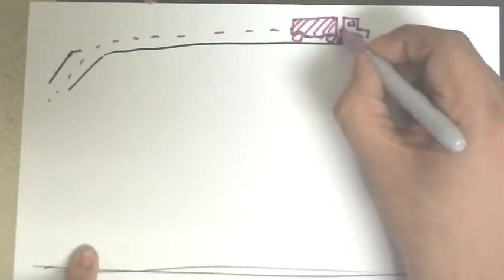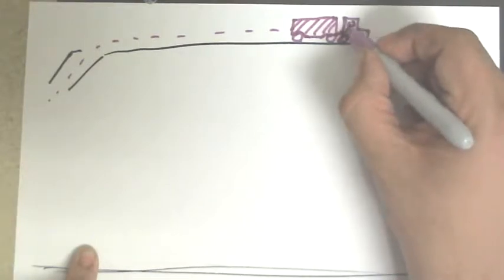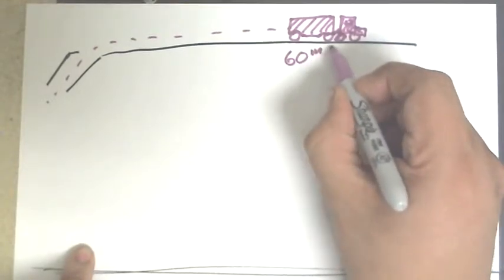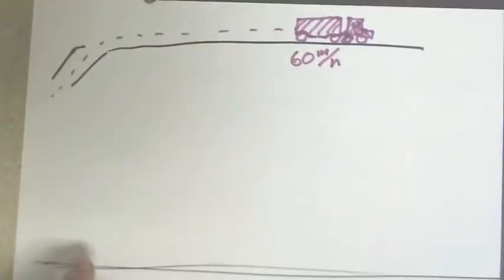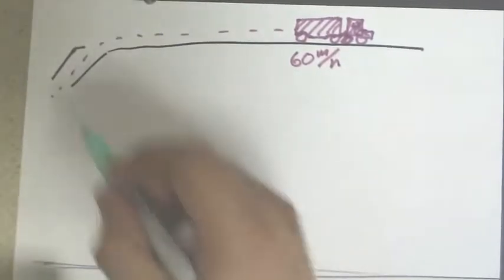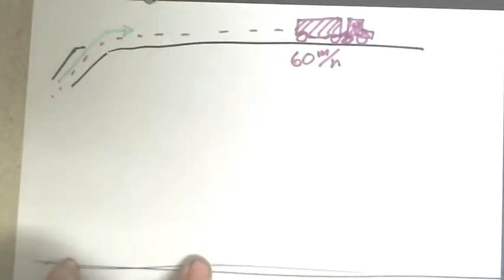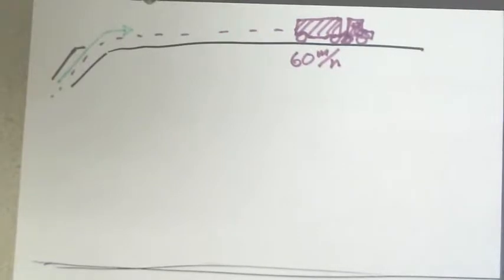Now it's certainly going to be ahead of the car because it got there first and it's gone for a while. But it's only going 60 miles per hour. Okay, we also have a car. This car jumps up onto the road. That color's a little light for this screen, so I'll just use the black.